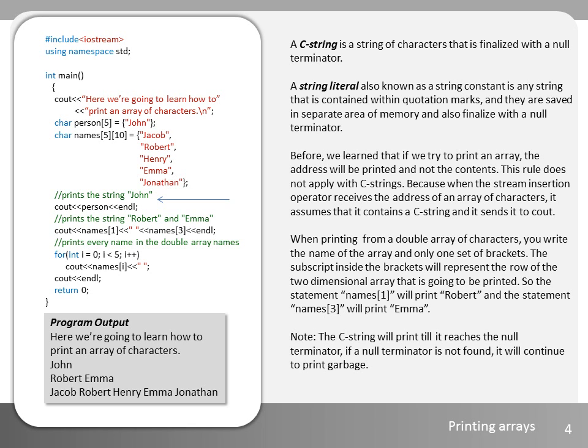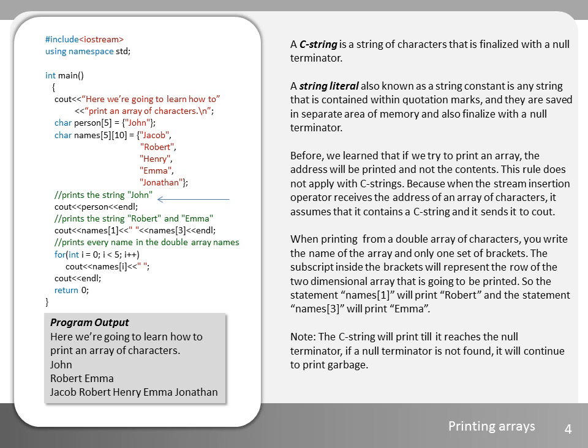When printing from a double array of characters, you write the name of the array and only one set of brackets. The subscript inside the brackets will represent the row of the 2-dimensional array that is going to be printed. So the statement names with subscript 1 will print Robert, and the statement names with subscript 3 will print Emma.